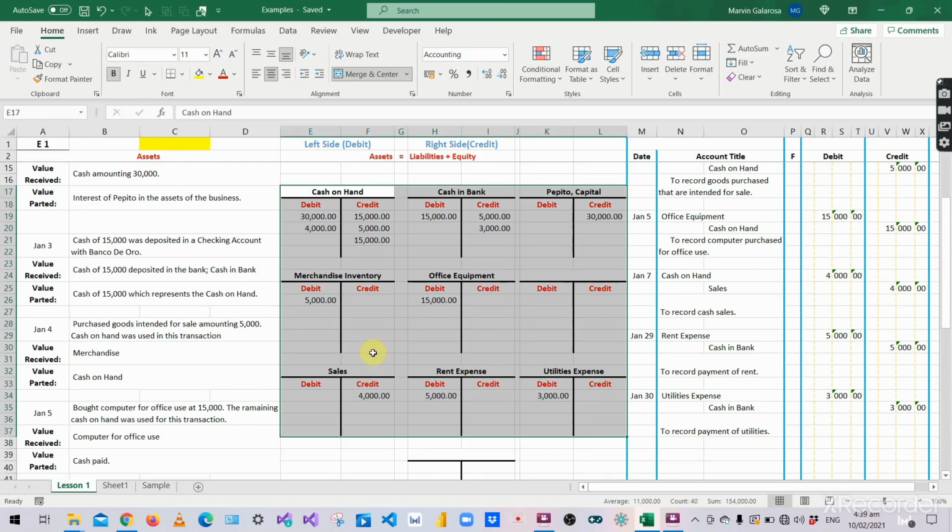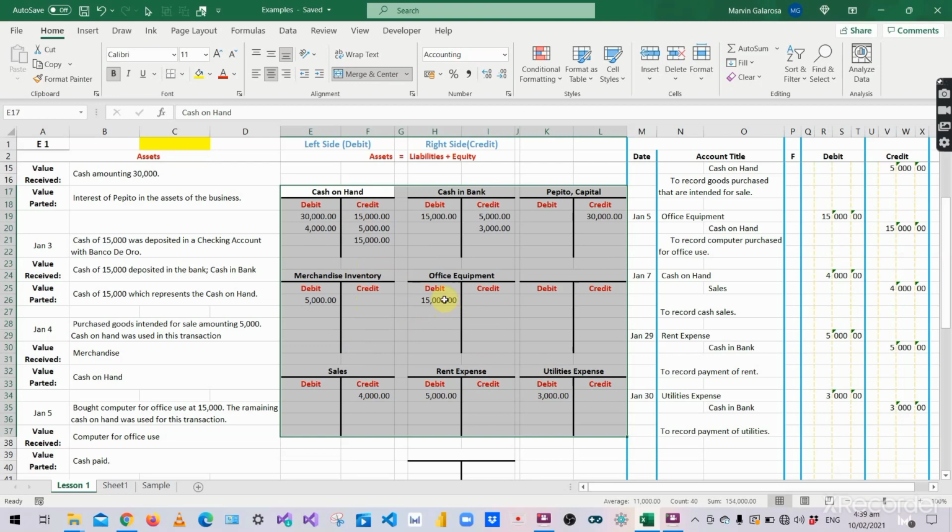O parang may incorrect na balance. So, stop nyo muna yung video and then check nyo yung bawat account. After nun, sabihin nyo sa akin kung ano yung T-account na may unusual na balance.